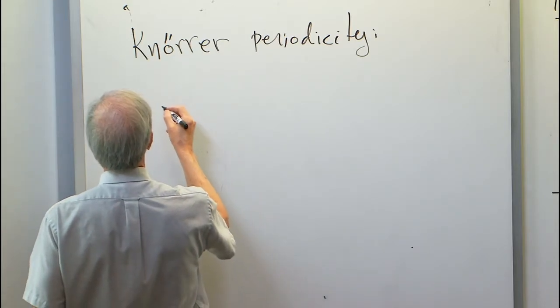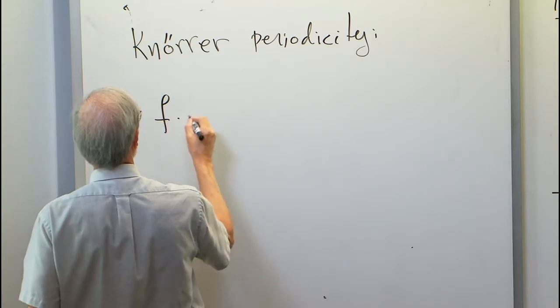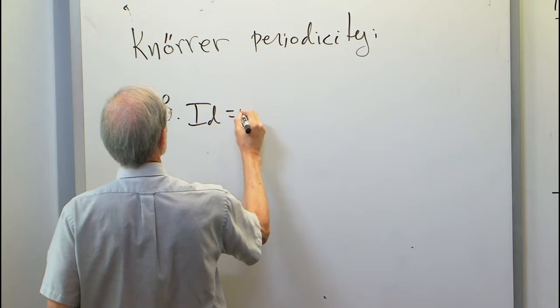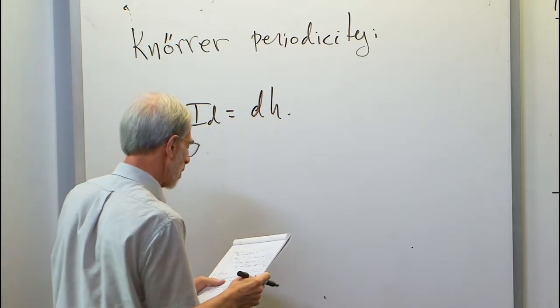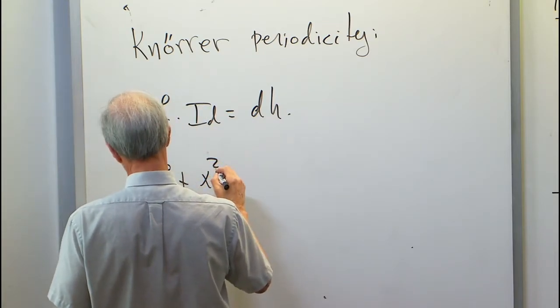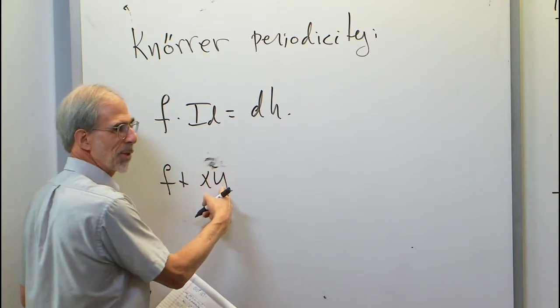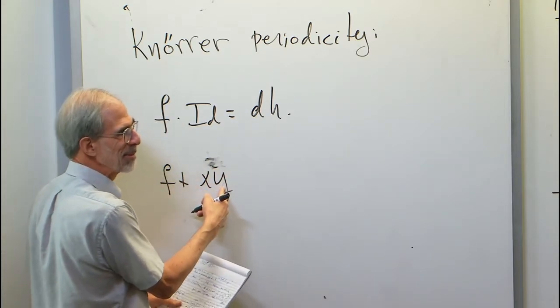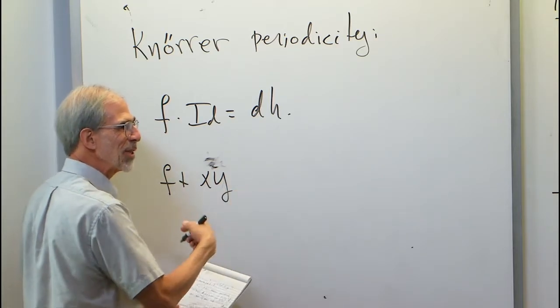If you have f times the identity equals d times h equals h times d, a matrix factorization, then f plus x squared, f plus xy. xy is the same as x squared plus y squared in my world, because it's x plus iy times x minus iy, so I change variables.